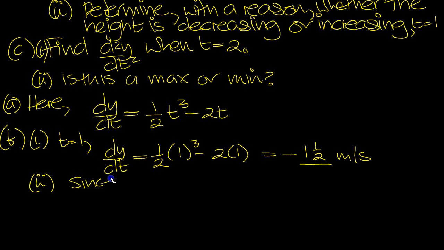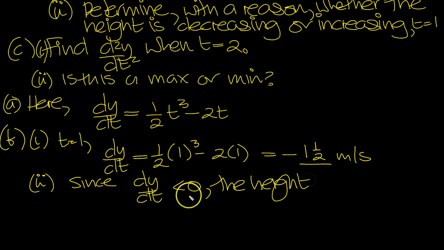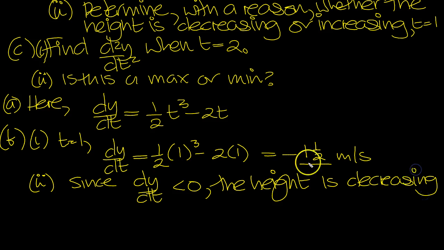Since dy/dt is less than 0, the height, because it's above the ground, the rate of the velocity upwards is negative, so the height is decreasing then, isn't it? Because it's going downwards. Or it's going upwards with a negative speed, which means it's going downwards with a positive speed.